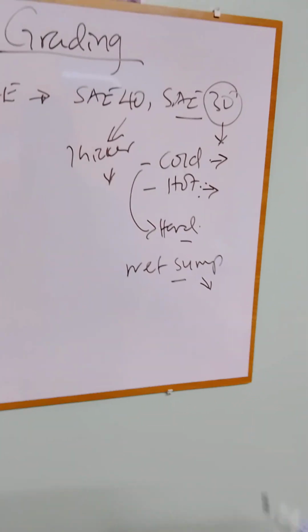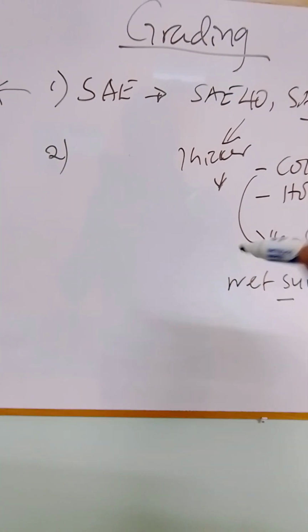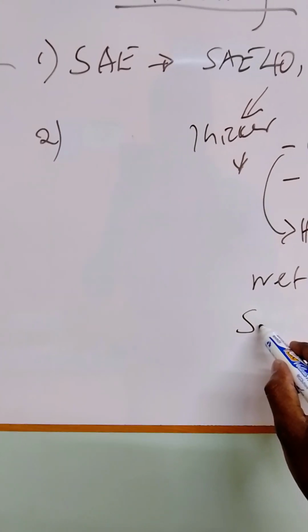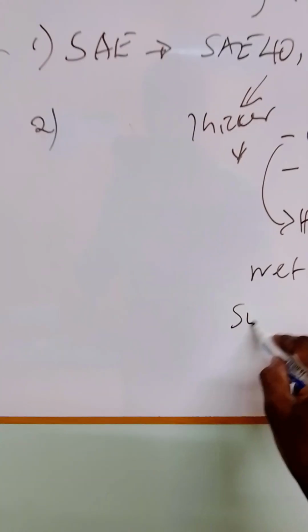With a wet sump, the crankshaft and most of the engine components that sit lower are usually soaked, or submerged in oil.